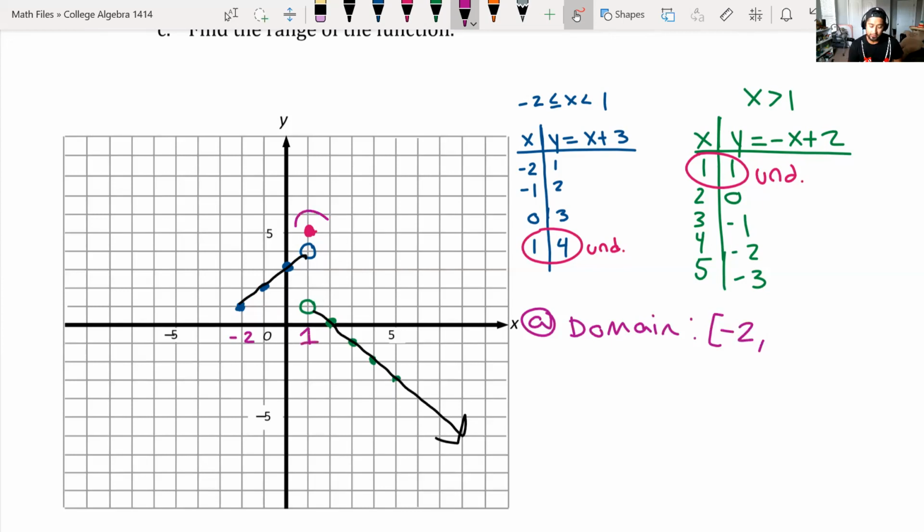Which means this point's defined, so it does not matter. X is defined at 1, so we just keep going this way. So our graph has a domain of negative 2 to infinity and beyond.